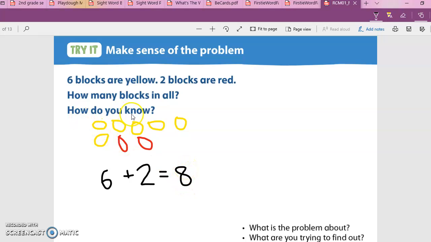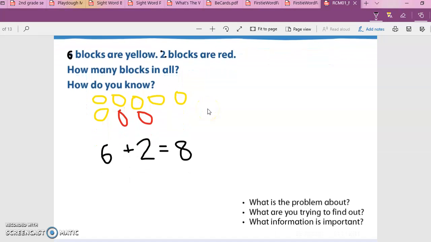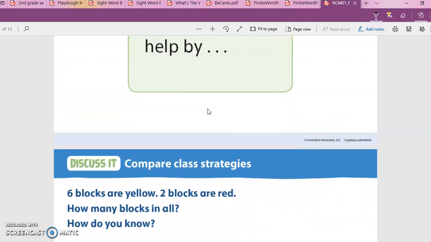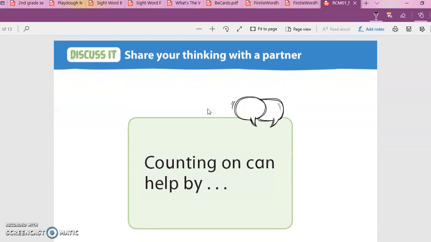Awesome. So how did you know? What strategy did you use? I drew a picture. I could have said I have 6 blocks. 6, 7, 8. I could have counted on 2. Okay. That's the same one. So counting on can help by, this just means that counting on can help by making it quicker.